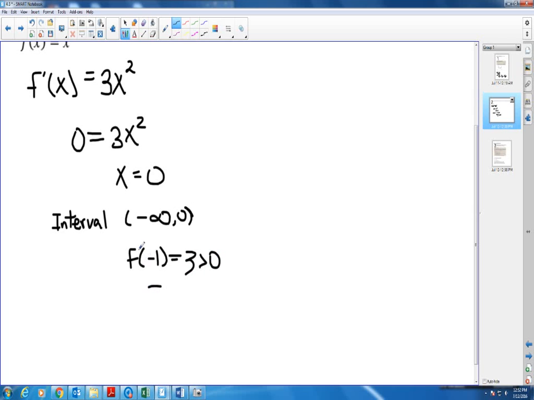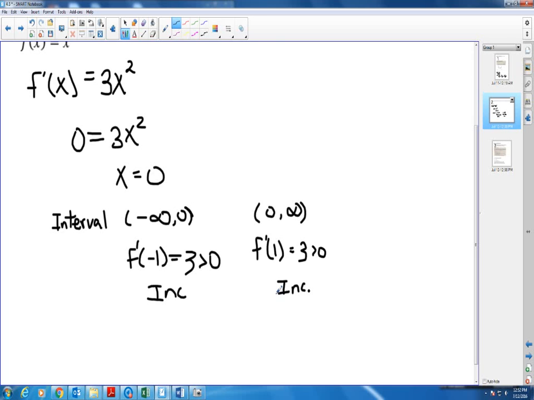That tells me that part of the function is increasing. To the right side of my critical number all the way to infinity, if I pick positive 1 and evaluate into my f prime, that gives me another positive 3, which is also increasing. So what that tells me is this whole function is actually increasing on the entire domain.